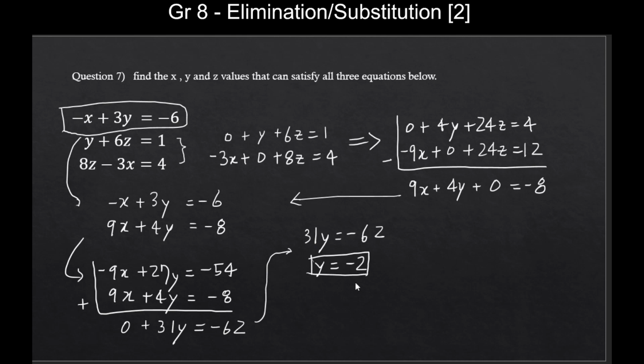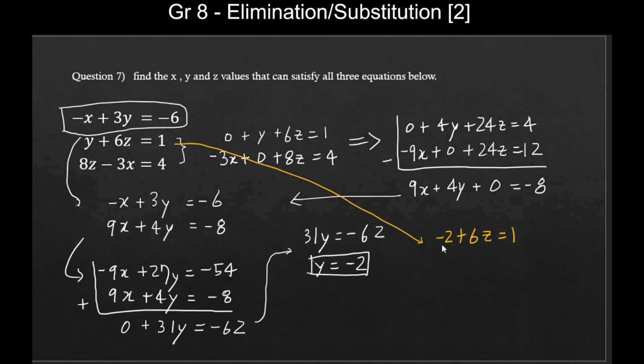This time we found the y value first, which doesn't matter. That's okay. We can use this value to find x and z now. So which equation should I use now? This one, maybe? Yeah. So our y value is minus 2. So minus 2 plus 6z should equal 1.